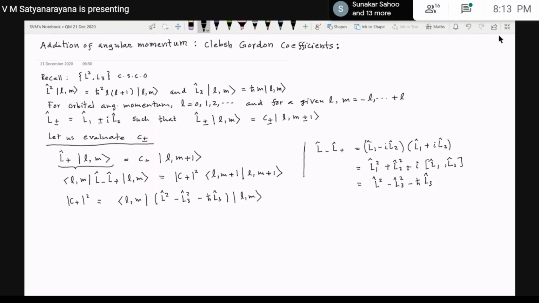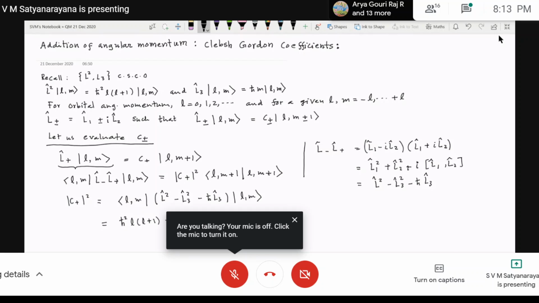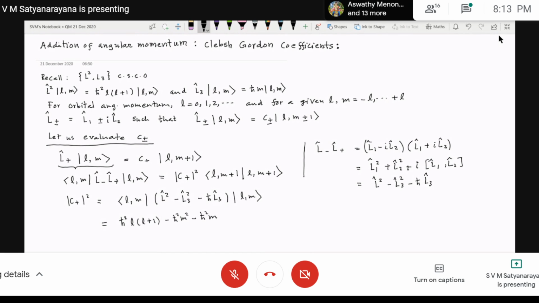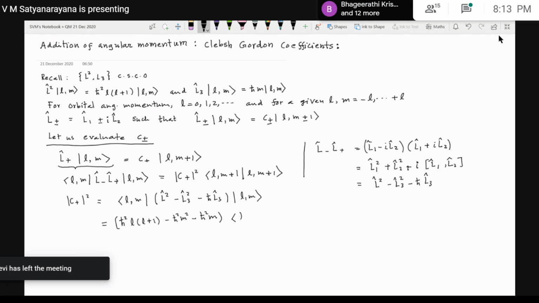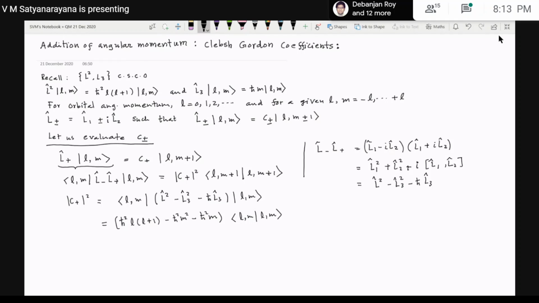And remember that this |L, M⟩ is a simultaneous eigenstate, the common eigenstate of L3 and L square, and hence you will get h bar square L into L plus 1 minus h bar square M square minus h bar square M. This factor multiplies the inner product of |L, M⟩ with |L, M⟩, which is equal to 1.